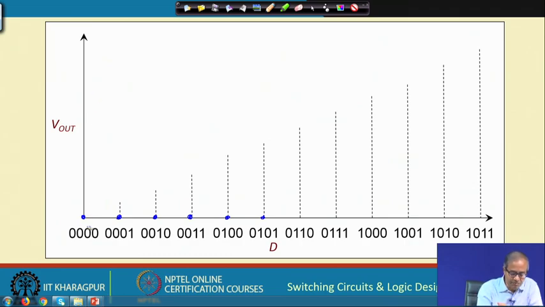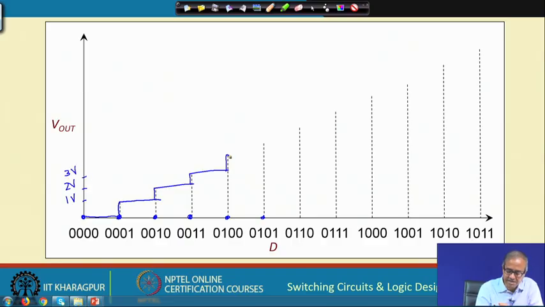For example, when the input is 0, I get 0 voltage. When the input is 1, let us say this voltage is 1 volt. Then when the input is 2, this is 2 volts.